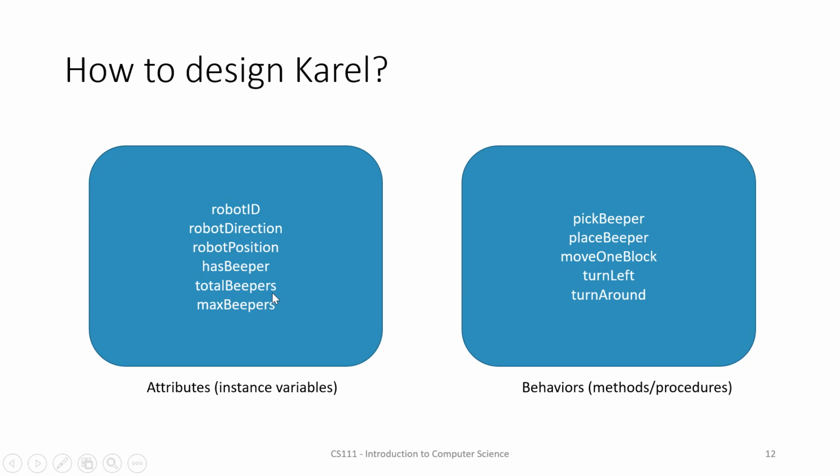Total beepers is an integer, which has a number associated with it. Max beepers is how many beepers a robot can keep. By using these attributes, we can define as many robots as possible, and each robot can have a different ID, different direction, different position, different number of beepers, and so on.